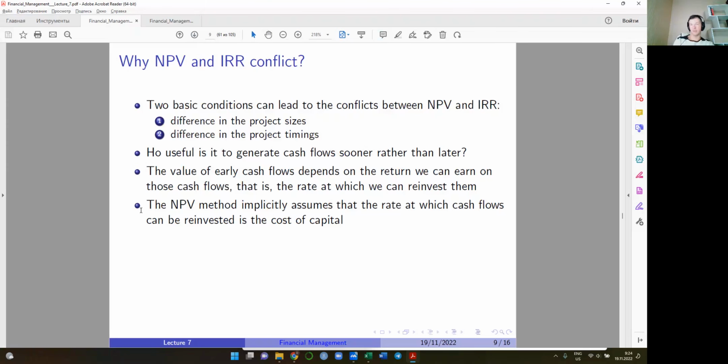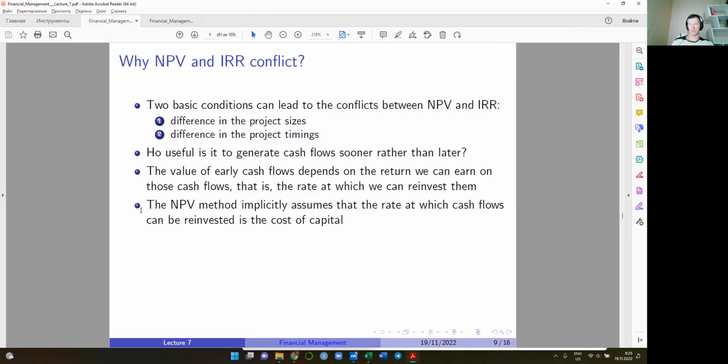Mathematically, NPV assumes that the reinvestment rate is the cost of capital. So you earn money, and instead of consuming it, you invest this amount somewhere else. What is the return on your investment?